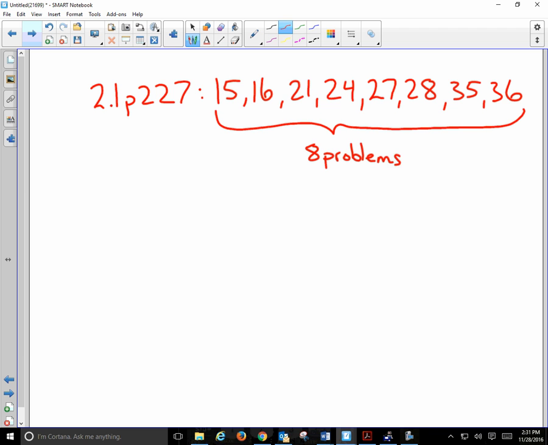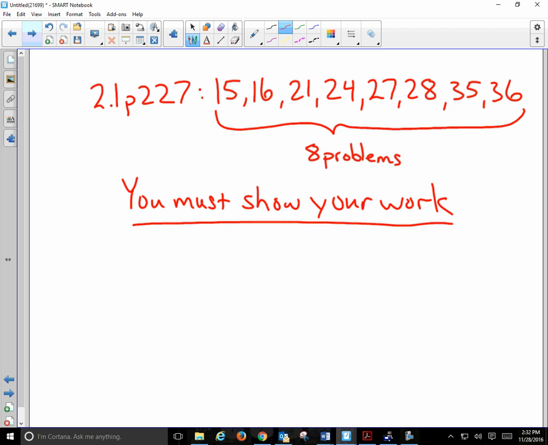I want to emphasize you must show your work, as always. So if you see tangent of theta divided by secant, I don't simply want to see you just write sine.